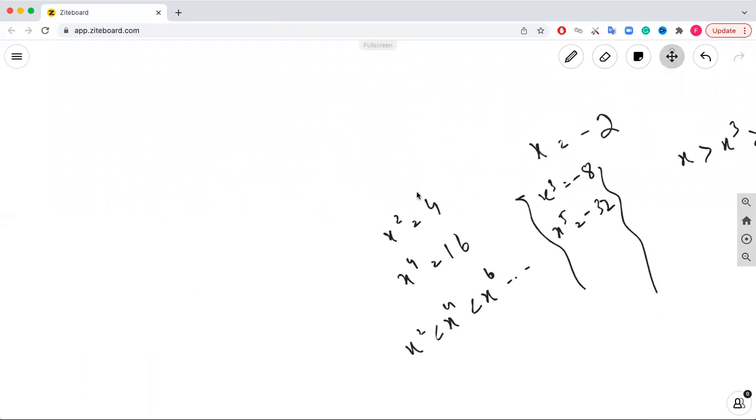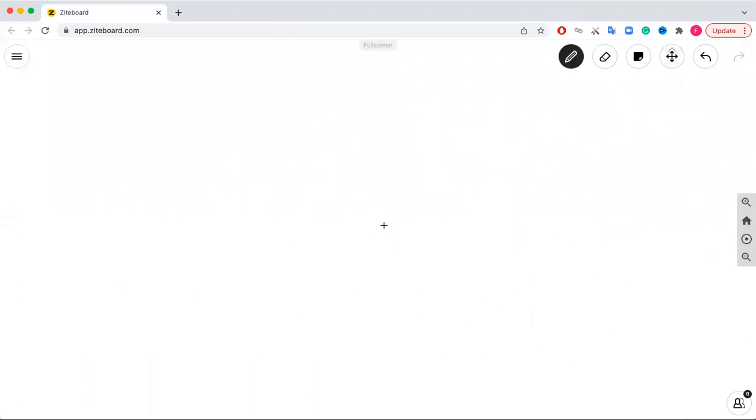Now, if I give you a question, let's suppose the question is: x is a number, and the situation given is that x cubed is greater than x. Just read it again. x is a number and x cubed is greater than x.